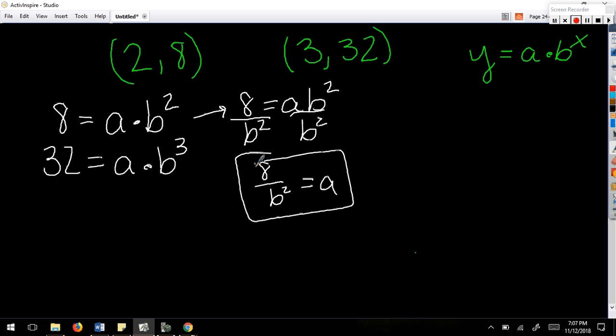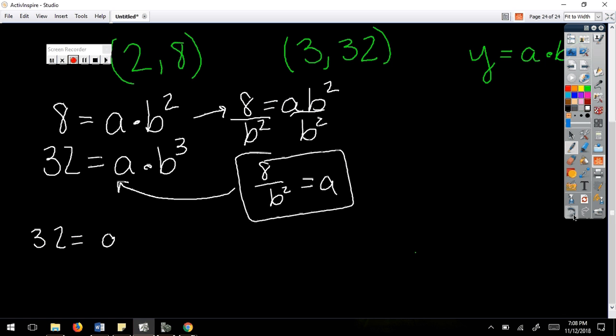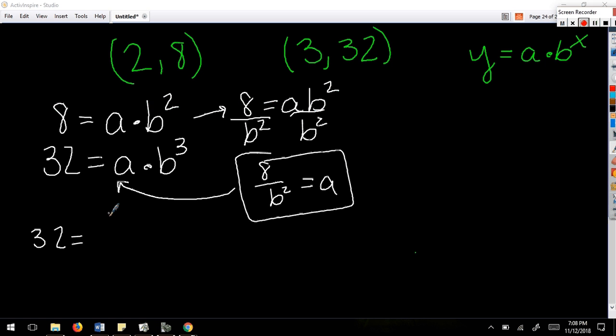Okay, so now I'm going to plug this back into my second equation. 32 equals, it's not a anymore, it's going to be 8 over b squared times b to the third.